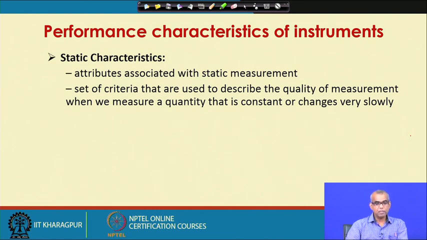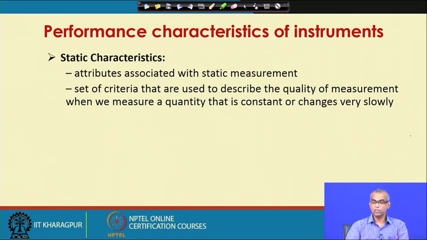So, let us formally define static characteristics as follows. These are attributes associated with static measurement. Static characteristics are a set of criteria that are used to describe the quality of measurement when you measure a quantity that is constant or changes very slowly.